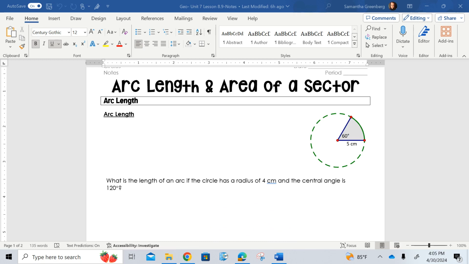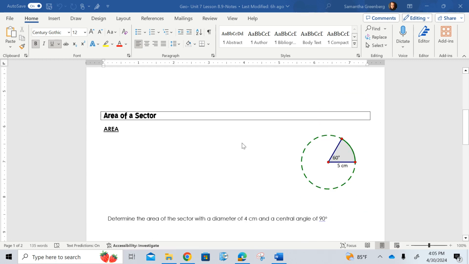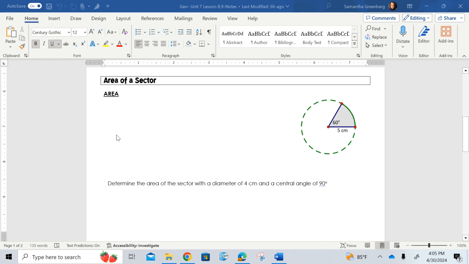Now, we are going to do our area of a sector. So, we come down here, area of a sector. So, just like our circumference, our area of a sector comes from our area of the whole circle. So the area of a circle, if you don't remember, is pi r squared.